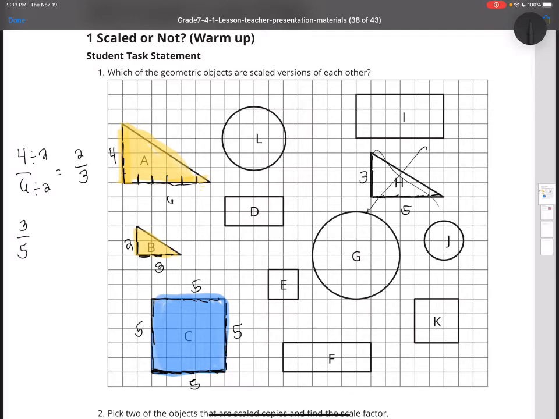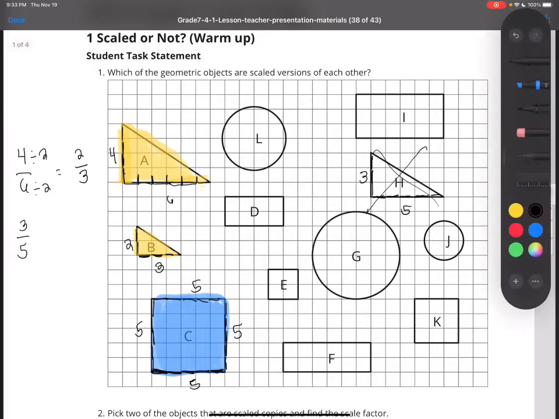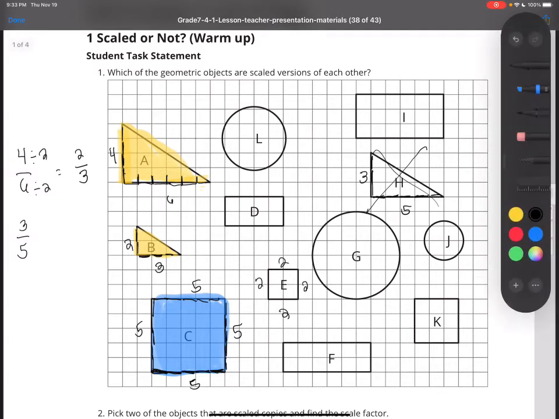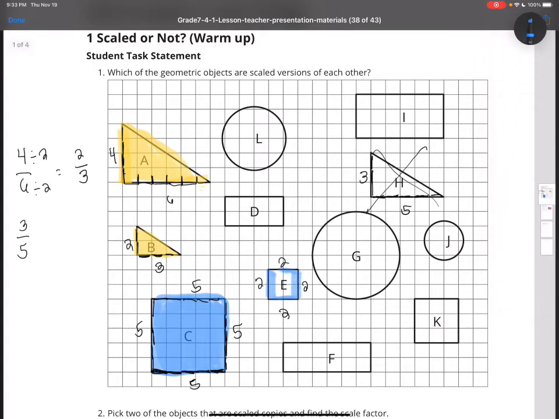If something is a scale copy, that means that all the sides should be equivalent to each other. So let's look at E, which is right here. And E is 2, 2, 2, 2, which would be a scale copy. So I'm going to highlight that in blue because it is. Do you guys see another shape that could possibly be a scale copy to C and E?